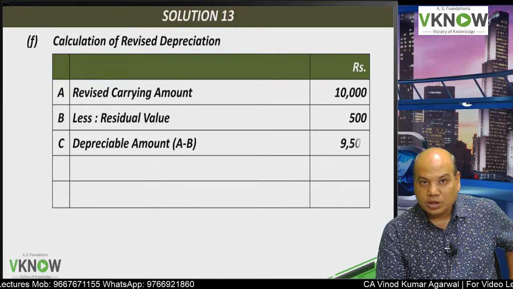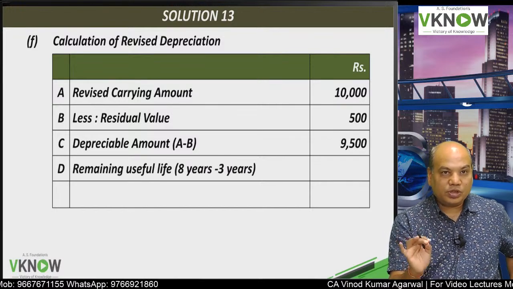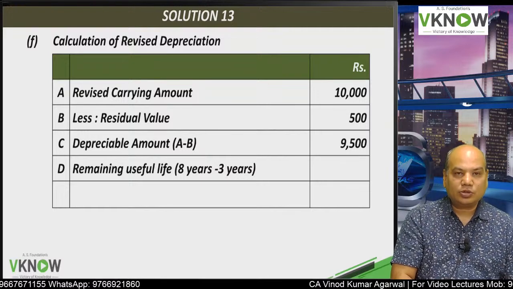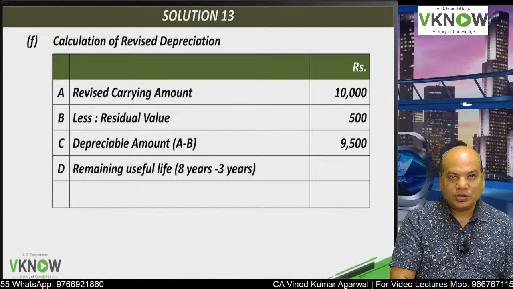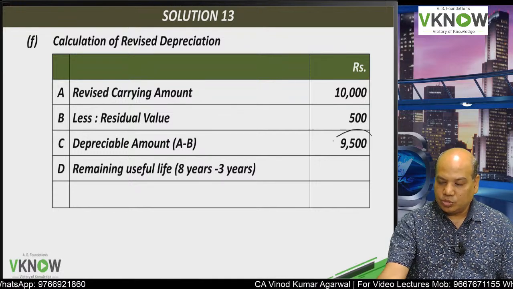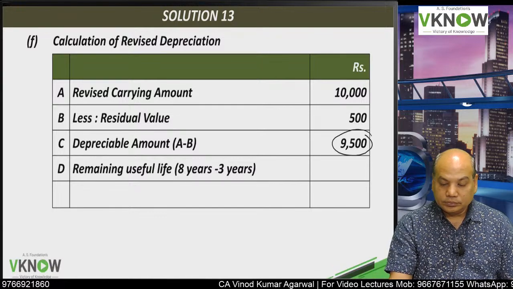So depreciable amount will be only 9500. Carrying amount minus residual value is depreciable amount. This is the amount which you can depreciate now over the remaining useful life.